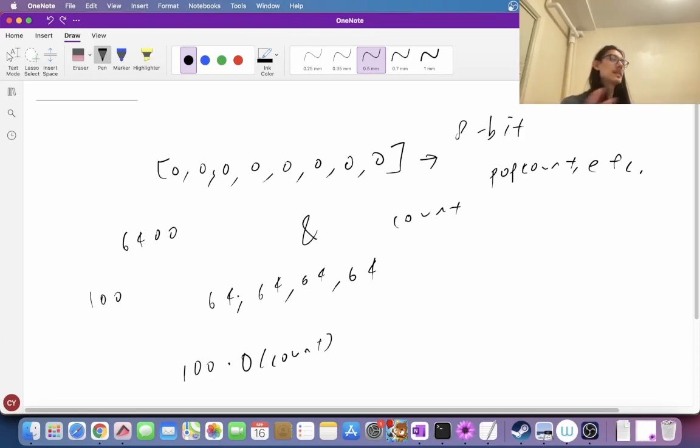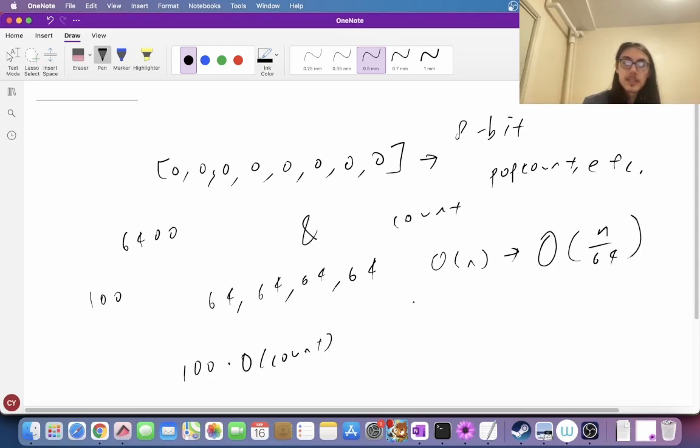Bitsets basically represent these lists of bits using these numbers, and they chunk them into groups of 64 or 32 depending on your system, usually 32, and then they do it that way. And it's faster. Usually, for example, with 64, if you do an O of n operation, you reduce it to O of n over 64, because it's doing 1/64th of the work now.